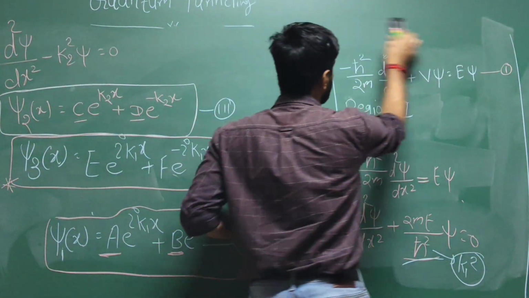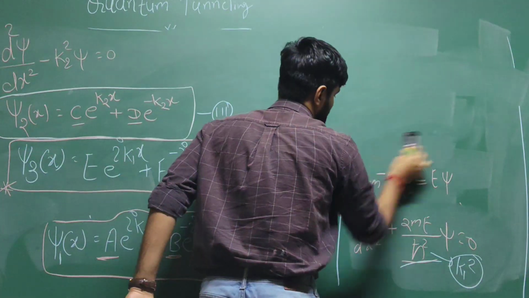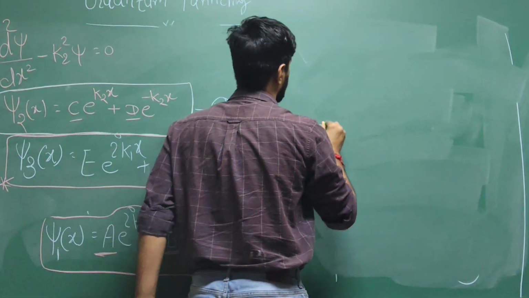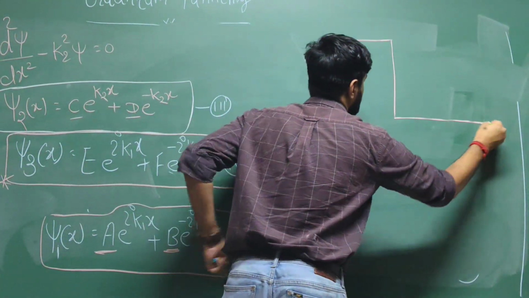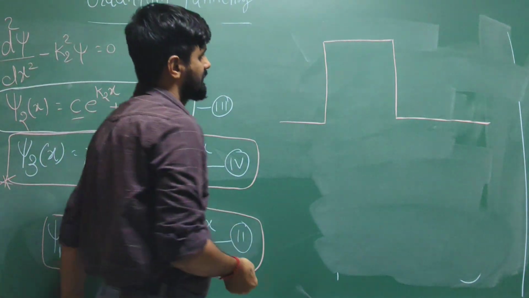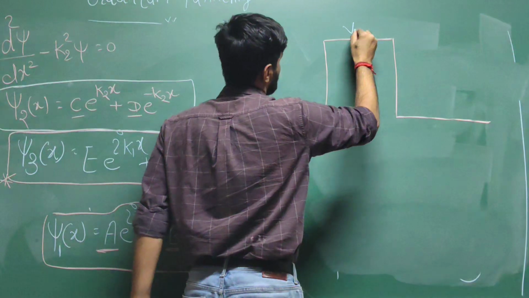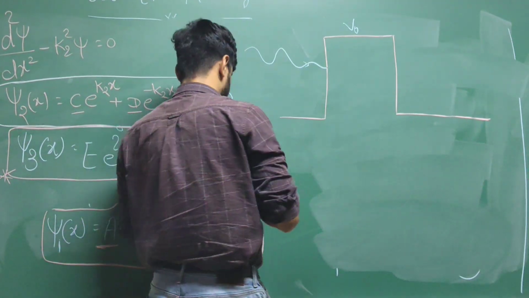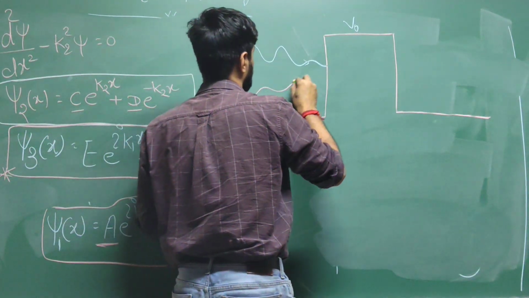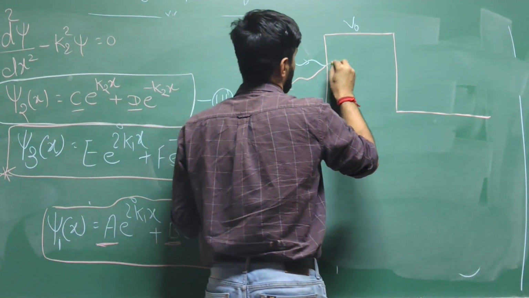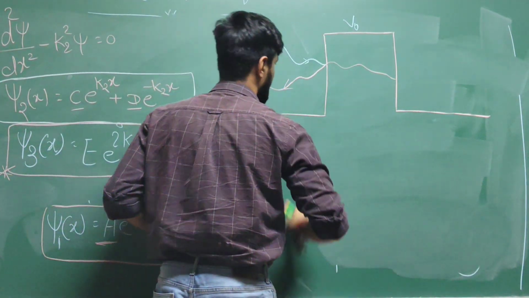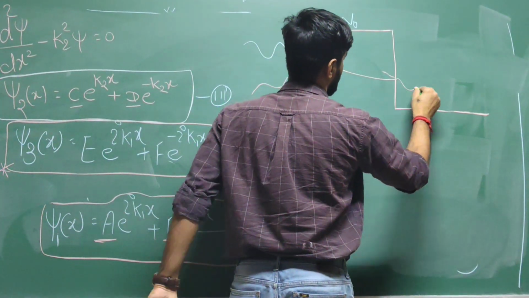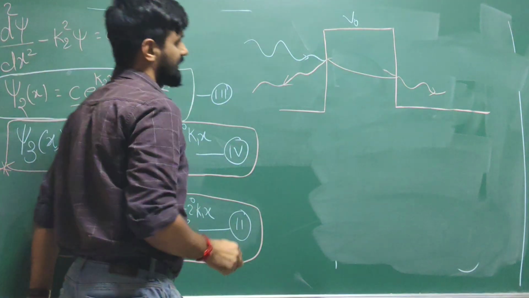As I have told you, in the finite potential barrier, the potential was V0 here, and there was an incident wave, then there was a reflected wave here, right? The wave function looks like this in this region and like that in the next.